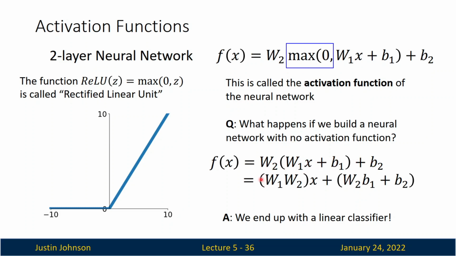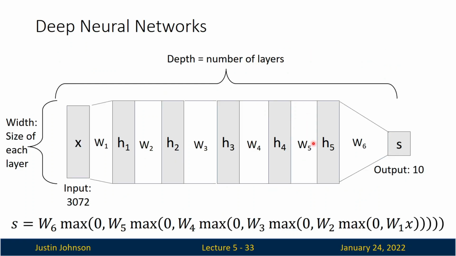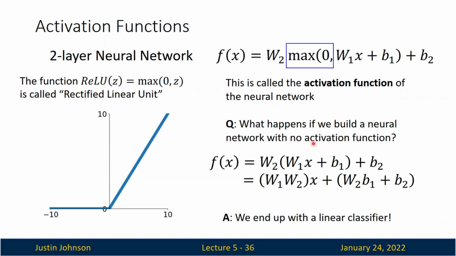And let's expand it. It will become W2 times W1 times X plus W2 times B1 plus B2. So see, this is still a linear function. So without the nonlinear function, if we just concatenate all of these linear functions, we will still get a linear function.